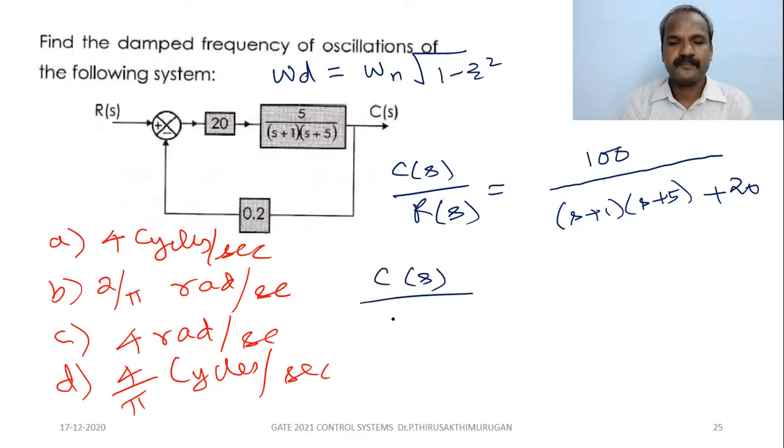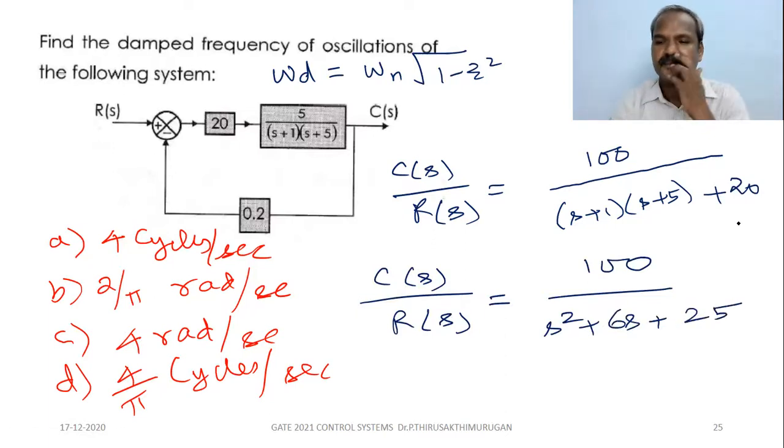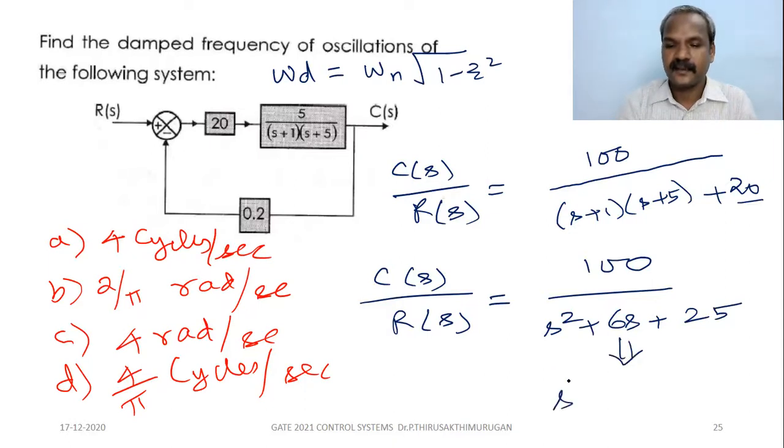C of S by R of S equals 100 divided by S square plus 6S plus 25, 20 plus this 5, so 25. Compare with the standard characteristic equation S square plus 2 zeta omega n S plus omega n square.